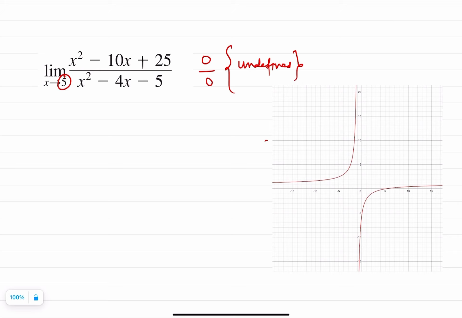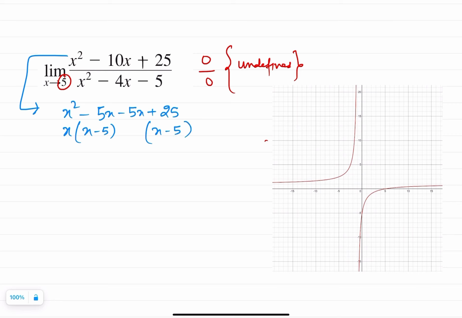If I find the factors for this, it will be x squared minus 5x minus 5x plus 25. That is taking x minus 5, x minus 5. So the factors for this are x minus 5 into x minus 5.